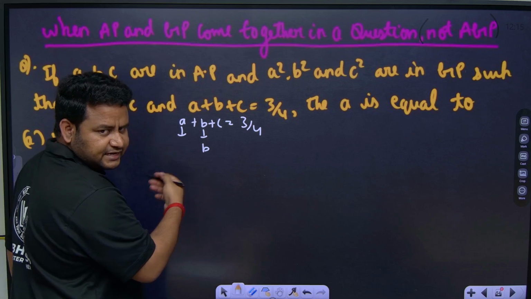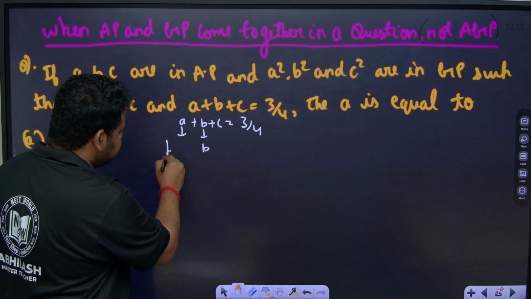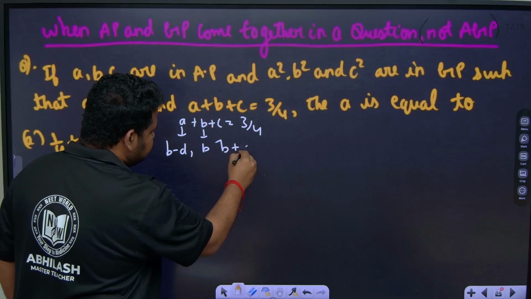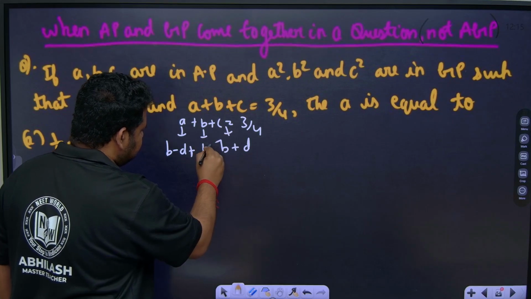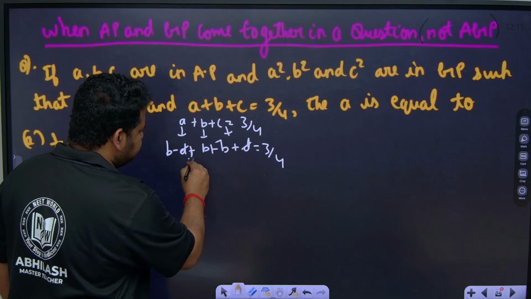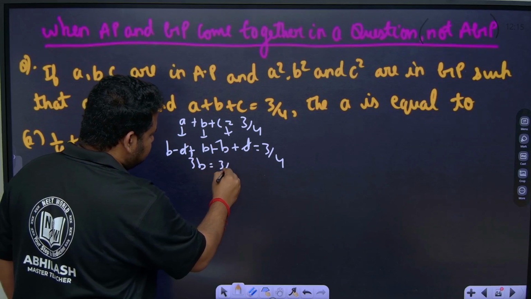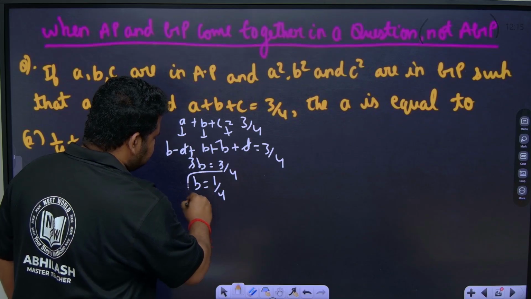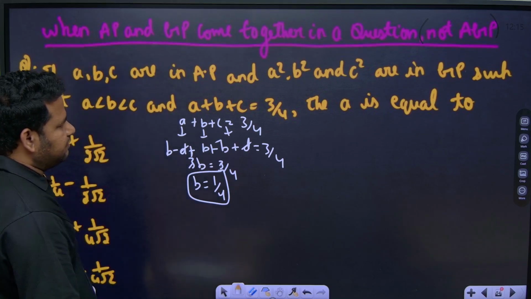In terms of B, I will take the AP. Let me take A as B minus D, and C I will take as B plus D. I will add it, is equal to 3 by 4. D cancels, so 3B will be equal to 3 by 4. So B will be equal to 1 by 4. Okay, we got B.